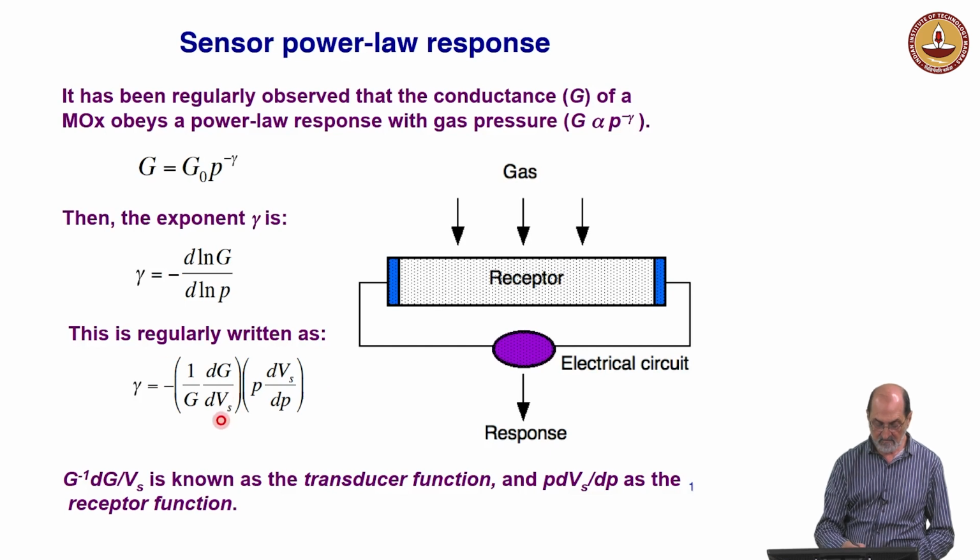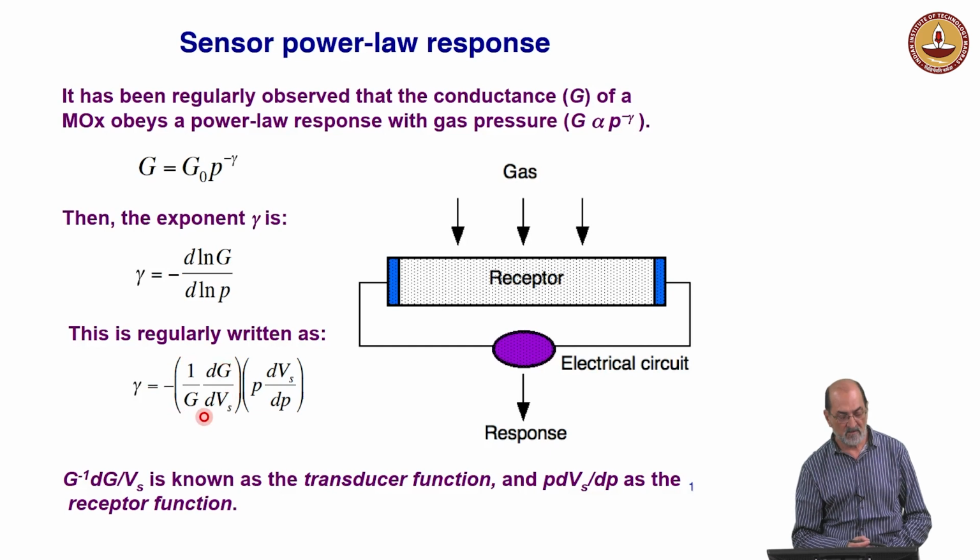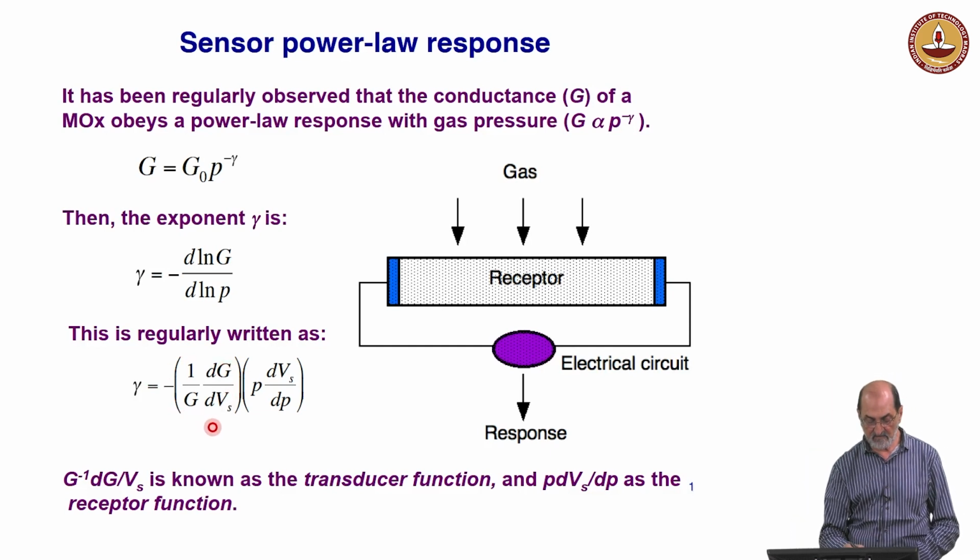And the second function is called the transducer function: how that change in the barrier height produces a change in the conductivity. So this is called the transducer, and this is the receptor.